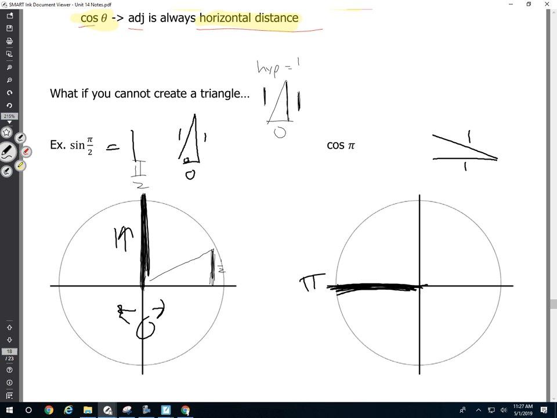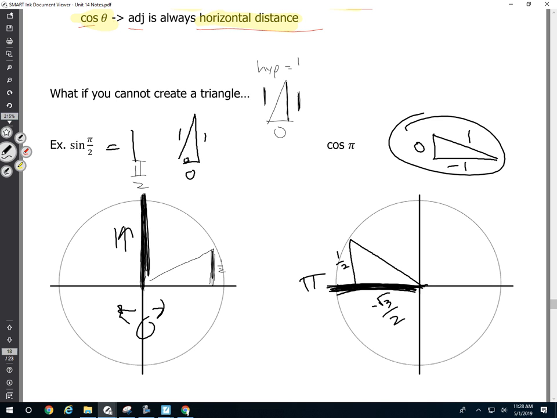I'm going to the left, right? If I drew a 30, 60, 90 here, I'd say, okay, this is up 1/2, but this is over to the left. I'd say that side length is negative. So what do I think I would say this horizontal distance is? -1. What is my vertical distance? 0. It's almost like I have a triangle like this.